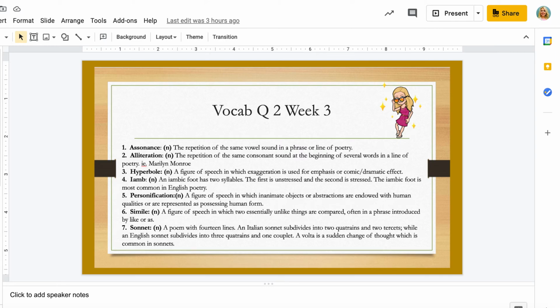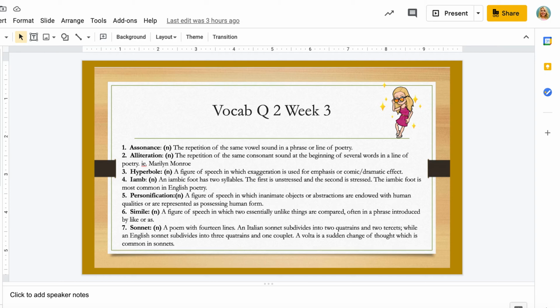And then it does the couplet at the very end. And the couplet is G-G. So we have A rhymes with A with a B and a B in the middle. So it's A-B, A-B, C-D, C-D, E-F, E-F, G-G. So the couplet at the end has 2 lines that rhyme with each other. And then that makes the 14 lines of a sonnet.